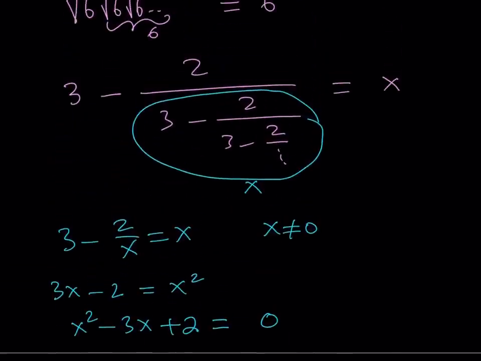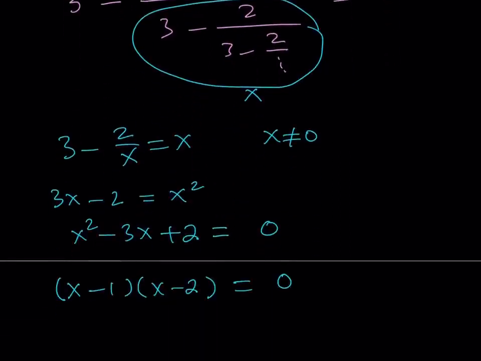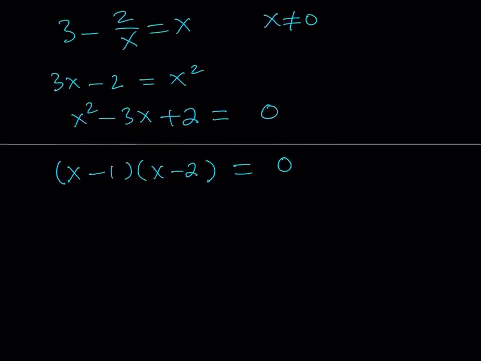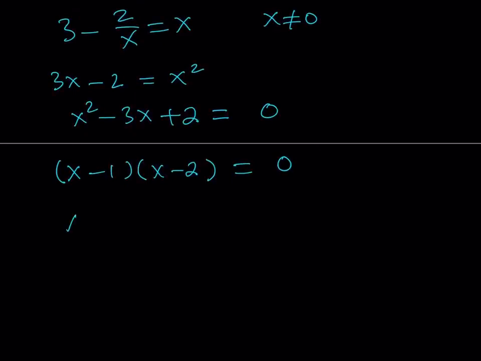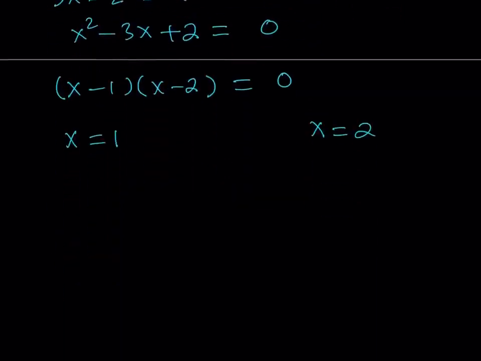Unlike the other one, which kind of gave us a positive solution and a negative solution, the negative solution was definitely not legitimate. We couldn't use it because the expression was positive. But here, you do have two positive solutions. So what are you going to do with them, right? Well, one of them is x equals 1, and the other one is x equals 2. But our expression is that one. So let's go ahead and rewrite that.